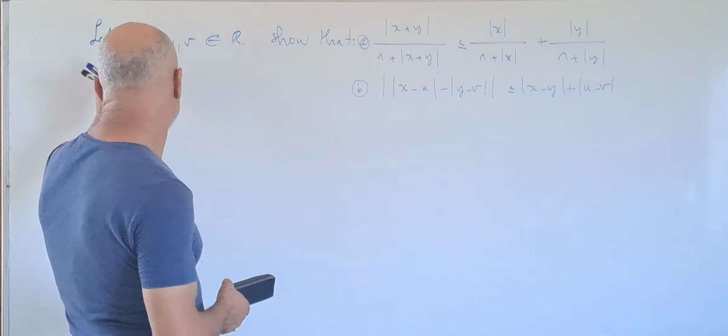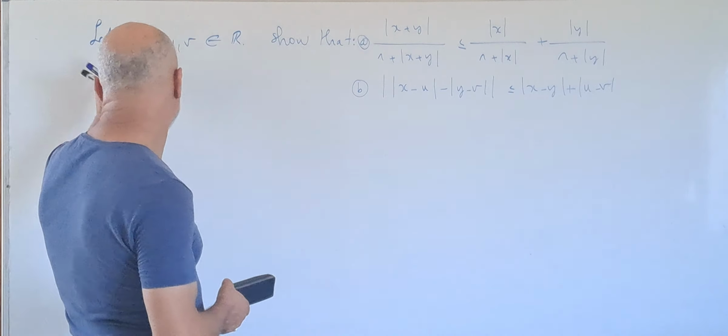The second question, B: the absolute value of the absolute value of x minus u minus the absolute value of y minus v is less than or equal to the absolute value of x minus y plus the absolute value of u minus v.